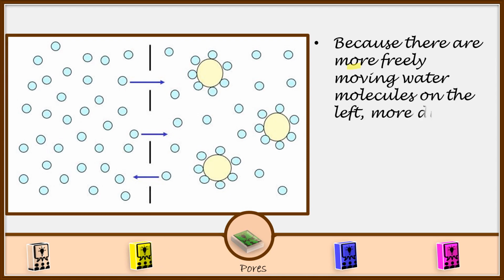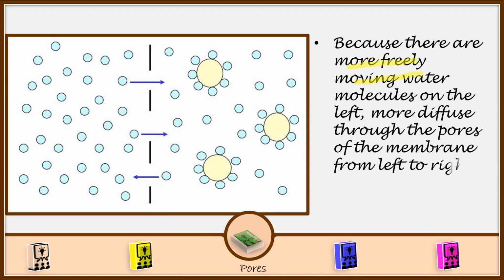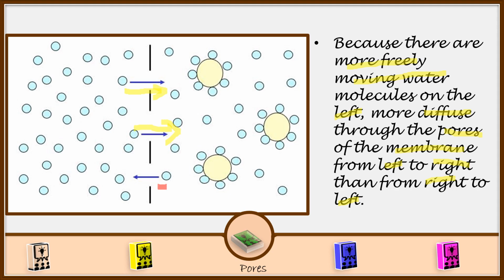Because there are more free moving water molecules on the left, more diffuse through the pores of the membrane from the left to right than from the right to left. So here we can see that more are going to diffuse from left to right compared to those that are diffusing from right to left.